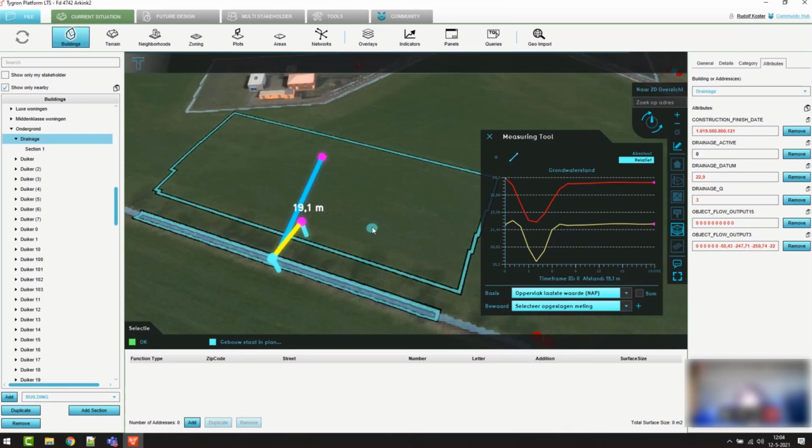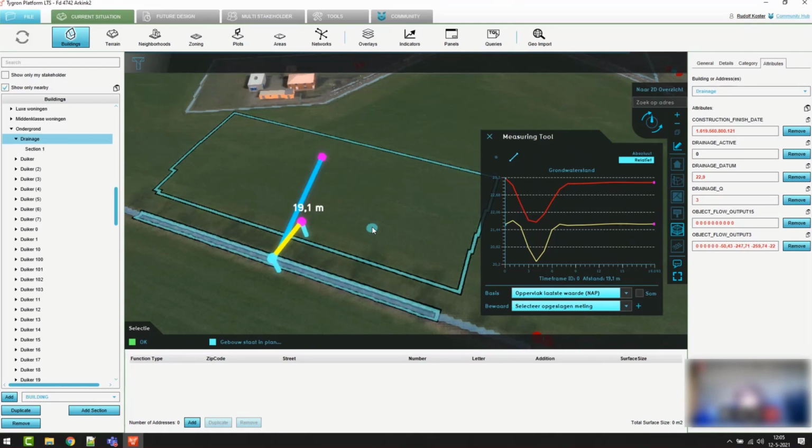And if it's not present, it is interpreted as being very low, which means that in theory, yes, water can flow in very easily, but it can't actually flow out because it's also very low on the other side and there's water above it. Yep. So you have a flooded drainage and that doesn't communicate water anymore.